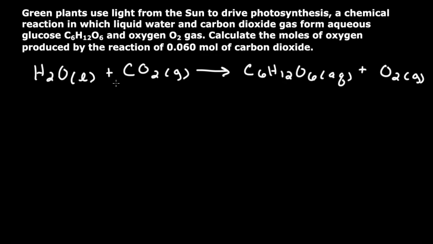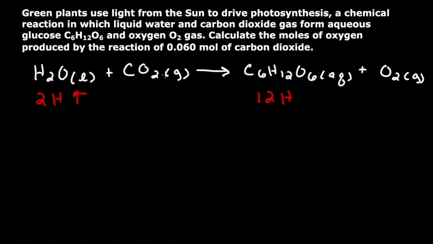To balance this reaction, notice that I have oxygen here, here, and here. So I have oxygen in every chemical that's part of this reaction, and oxygen is not going to be a good one to start with. Let's start with hydrogen. I have hydrogen here and here, so that's the one I'll balance first. Over here I have 2 hydrogens, and over here I have 12 hydrogens, so I've got to get more hydrogens to this side.